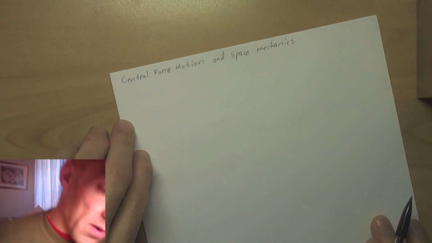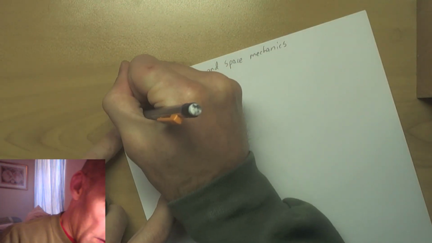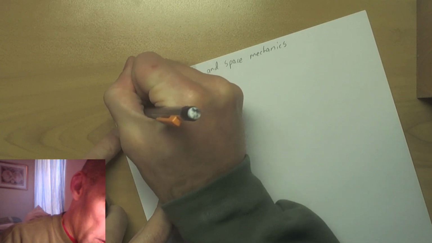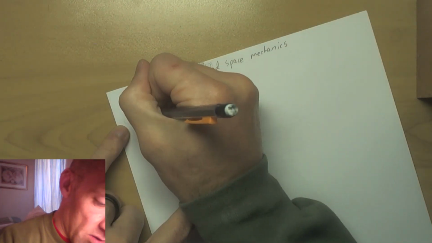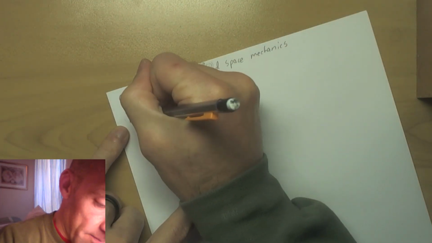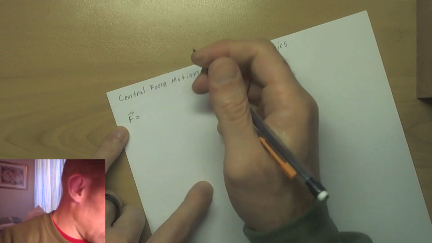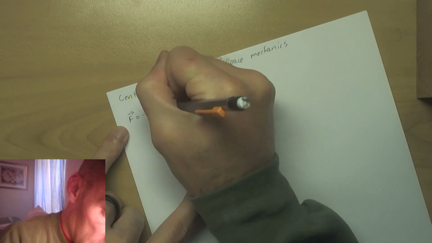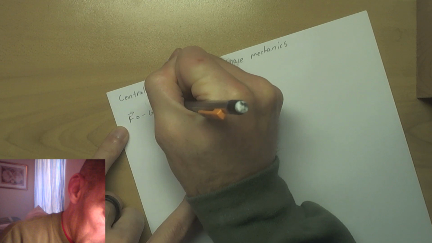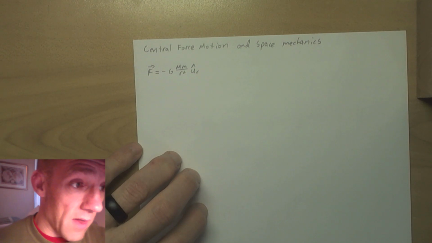So what makes a central force problem is that the force in question is a function of position, and it's a special function of position. Since we're dealing with gravitation, this is given by Newton's law of gravitation, which in vector form is given by that equation.